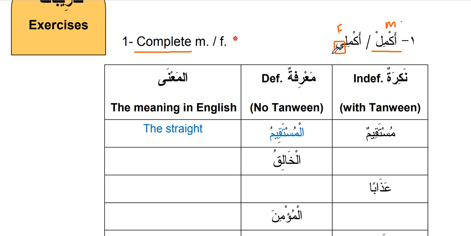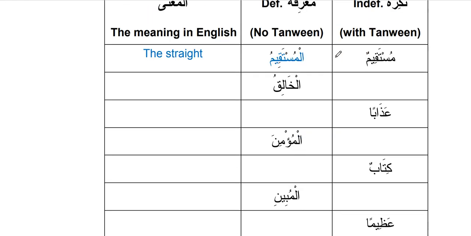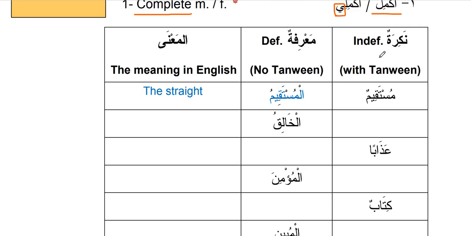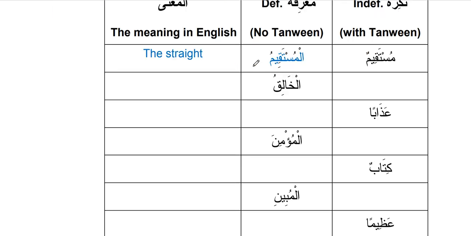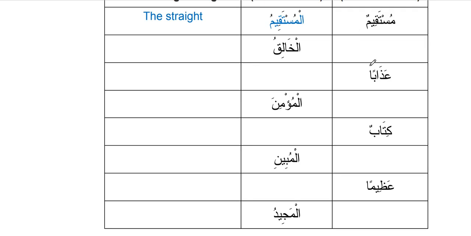Akmili means to complete. So now in this table you need to complete what? In the first table there is nakira. Words have been given, and the next table is for marifa, and the last table is for ma'na. Ma'na means meaning in English. You need to give the English meaning. So now this is also good practice of increasing your vocabulary in Arabic.